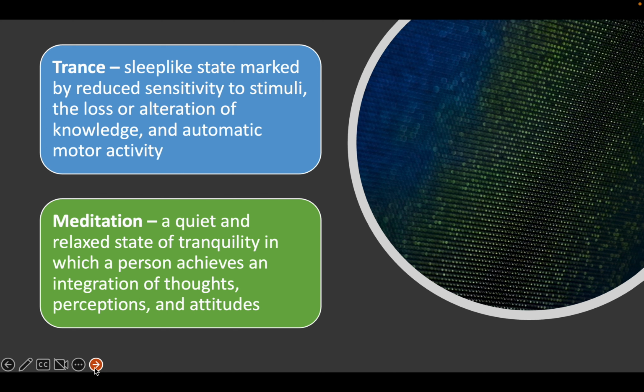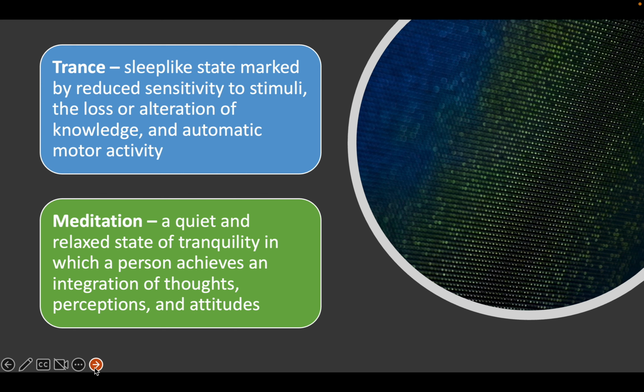Trance is a sleep-like state marked by reduced sensitivity to stimuli, the loss or alteration of knowledge, and automatic motor activity. Some people think of trance in terms of daydreaming, and that can absolutely be thought of that way.